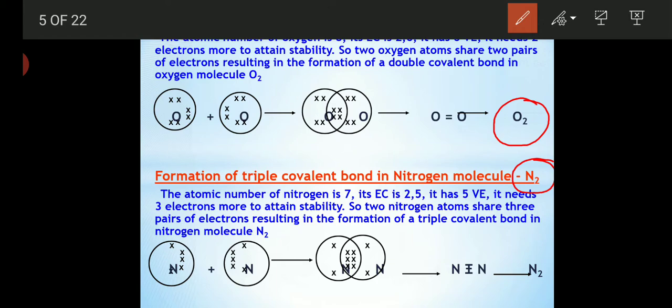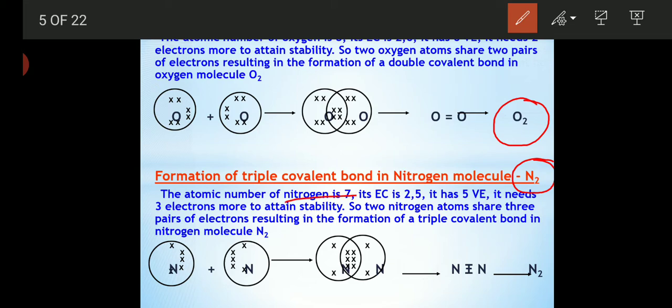One nitrogen atom needs 3 electrons, then the other nitrogen also needs 3 electrons. They mutually share these 3 electrons. Then they become stable.